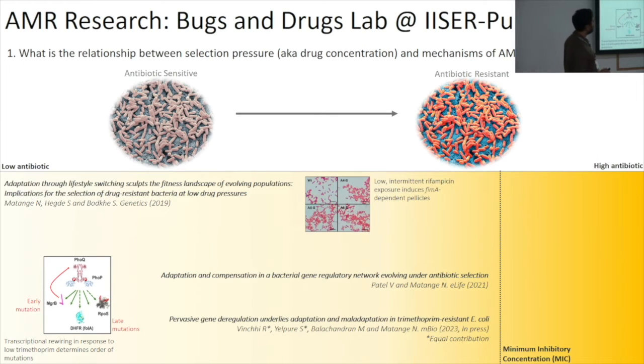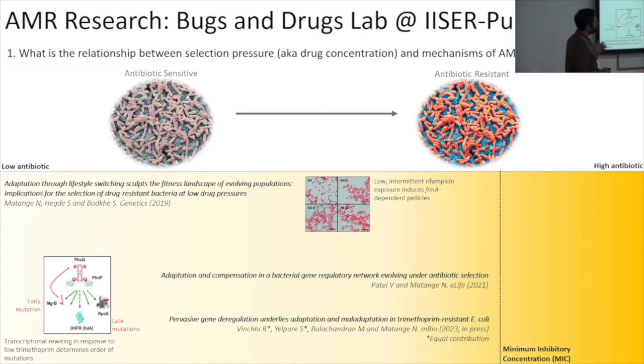In fact, we've spent a lot of time looking at concentrations that are about 5 or 10 times lower than the MIC. And what we find is that there are a lot of unique adaptations that occur in this selection regime. I'm highlighting two of them which we've already published, so you can go and look at these papers and get more details if you'd like.